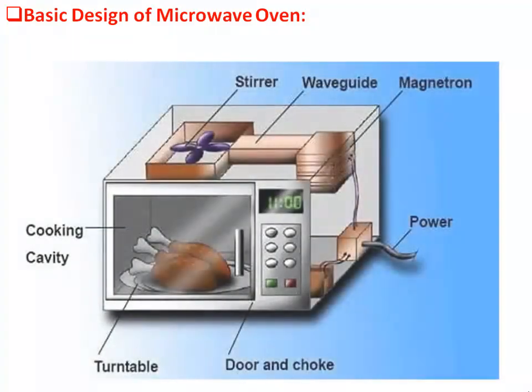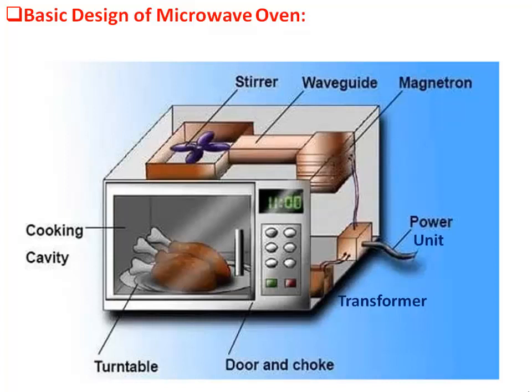Now let us discuss the basic design of microwave oven. As you can see on the screen, a basic microwave oven consists of different components such as magnetron, waveguide, stirrer, which is also called a fan, cooking cavity, turntable, door and choke, transformer, power unit and control panel.